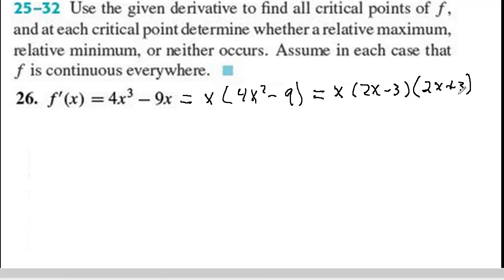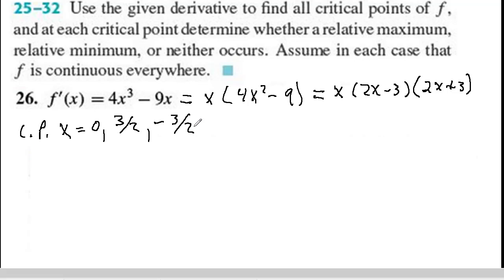From the factored form, you can see that the critical points, or that the zeros, happen at 0, 3/2, or negative 3/2. If you can't see those that easily, you can set each factor equal to 0 and get your critical points that way.